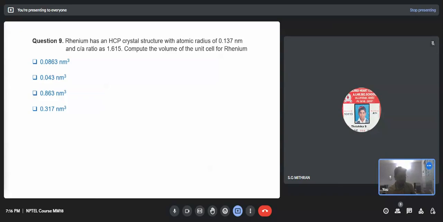So here, since this is HCP crystal, so I'll first make a HCP crystal lattice.